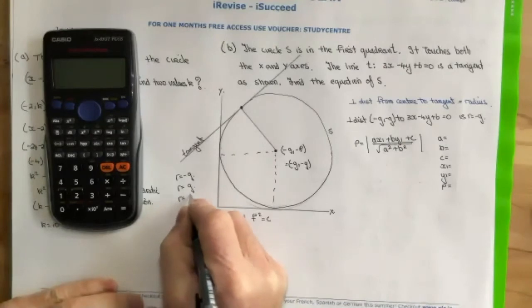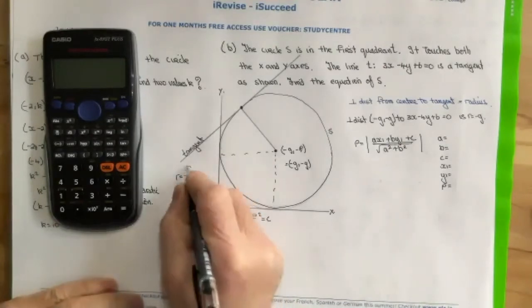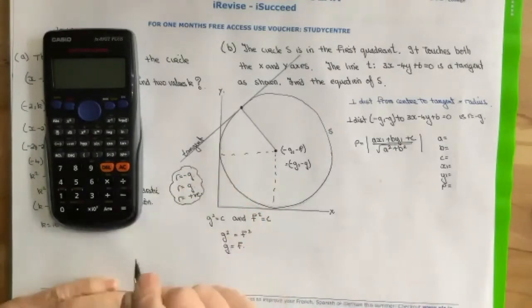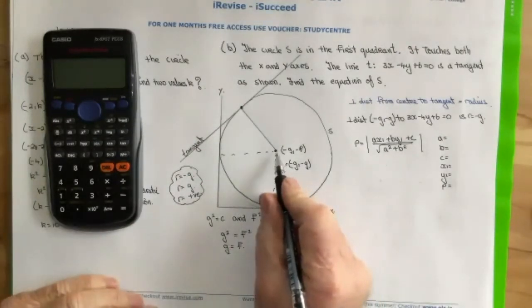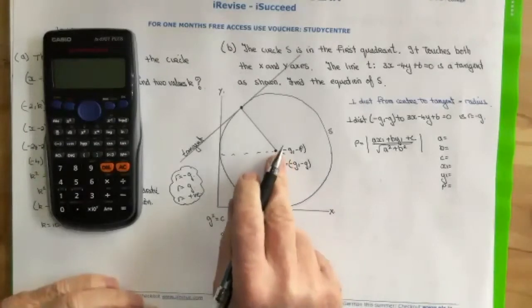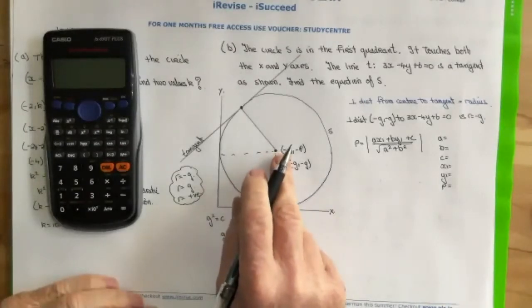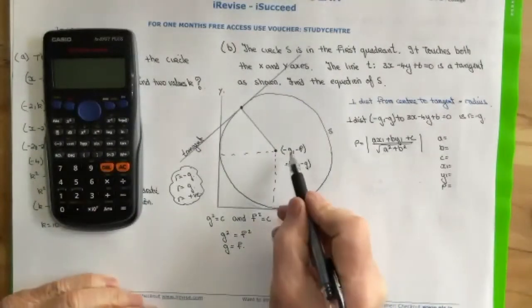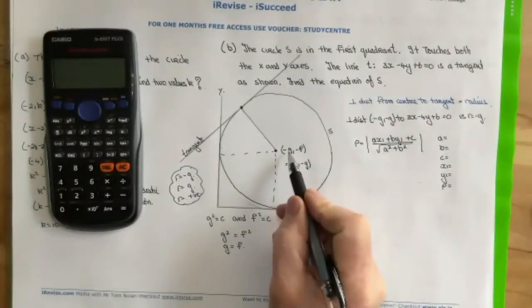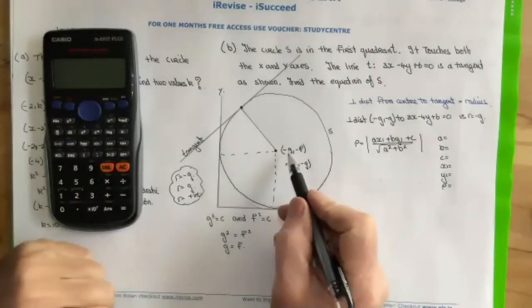Because the radius length has to be positive. That's what would be going through my head, right? Minus g is in the first quadrant, but minus g in the first quadrant will be a positive value. It would mean g could be minus 3, but minus g would be 3, which is positive.